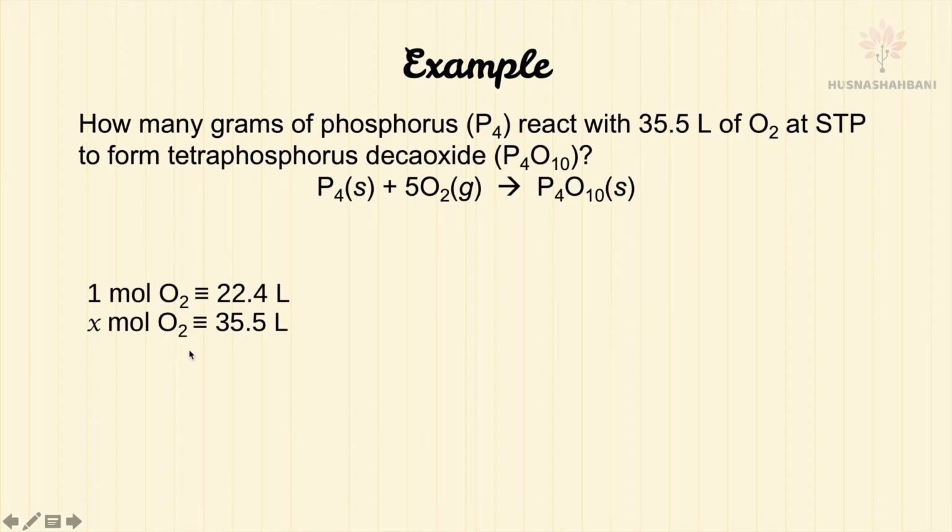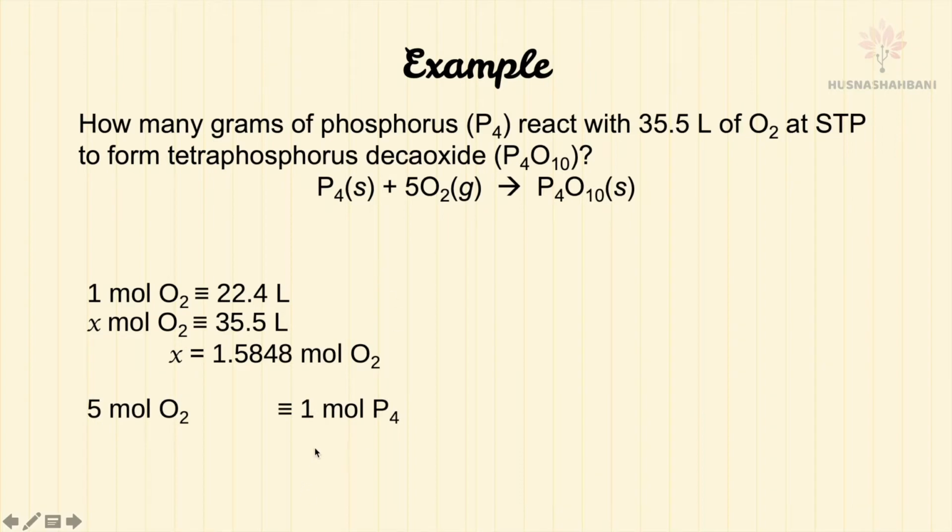And then, if you want to identify the number of mole of oxygen for 35.5 liter, do the cross multiplication, and then you get the value of X, 1.5848 mole of oxygen. This is the number of mole of oxygen. So you can compare: 5 mole oxygen is equivalent to 1 mole phosphorus. But we don't have 5 mole of oxygen.